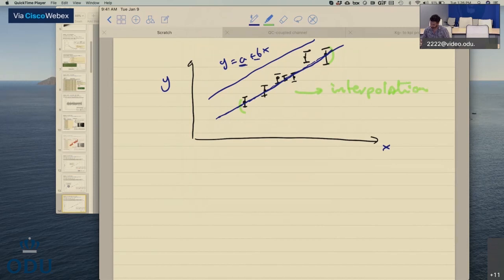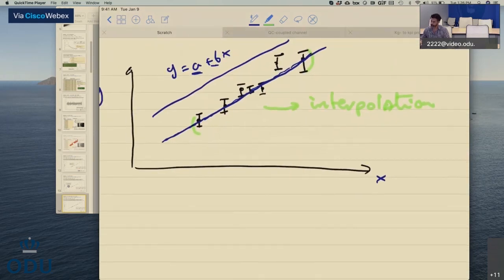I'm grabbing information from data in this region, and I'm trying to obtain a value in between, and this is known as an interpolation. I'm trying to obtain a value of my function inside the region where I've constrained that function, okay? So that's an interpolation.